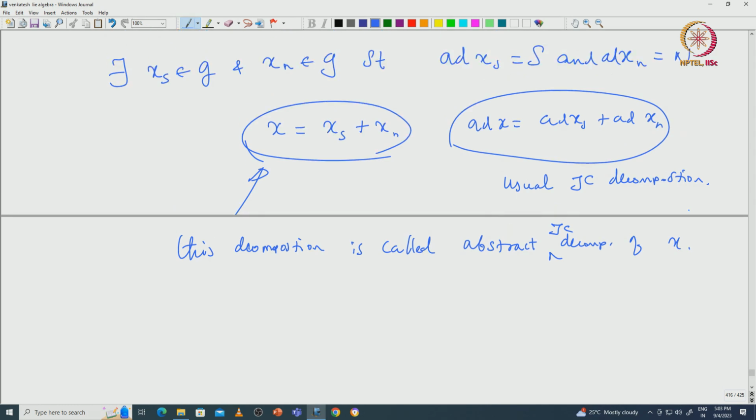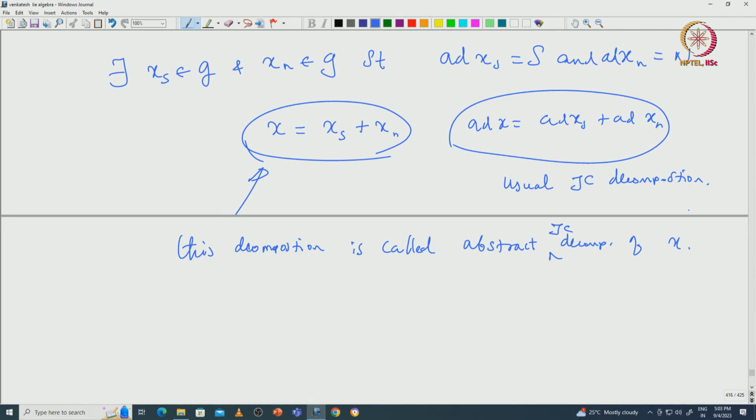Note that x_s and x_n must be unique, because the usual Jordan decomposition of ad x is unique and the ad map is a one-to-one correspondence. So, we get x_s and x_n being unique.